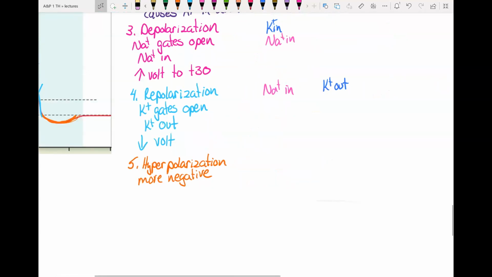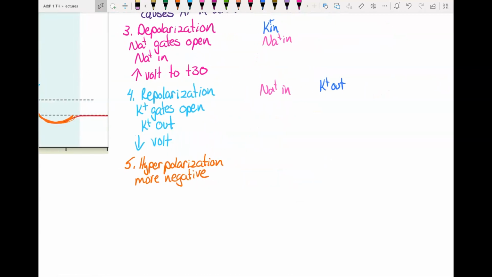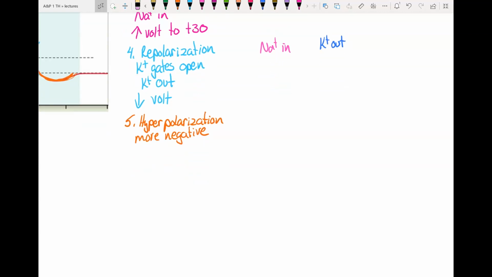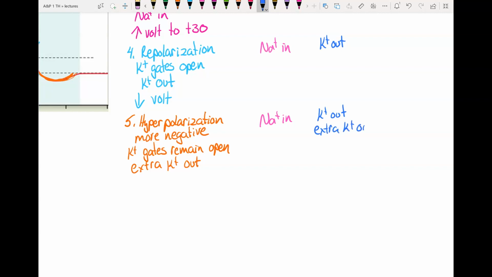We got it to go negative by letting a positive ion out, the potassium. You get it more negative by letting extra potassium out. So during this time, the potassium gates remain open and extra potassium goes out. So now we have our sodium in, we have our potassium out, and we have extra potassium out, which makes it extra negative.